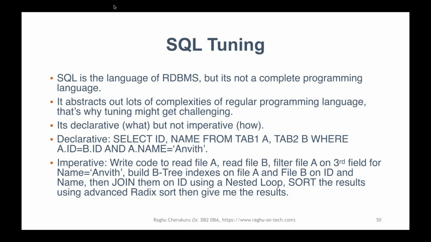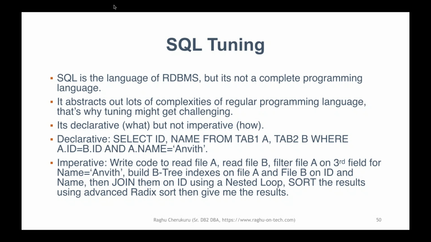Imperative is like writing the code to read file A, file B, and filter file A on the third field for name equal to Smith. Build a B-tree on file A and file B on ID and name. Then join them on ID using a nested loop, sort the results using an advanced sort, and give me the results. That's not fun, right? So that's why people like SQL. It makes your job a lot easier.